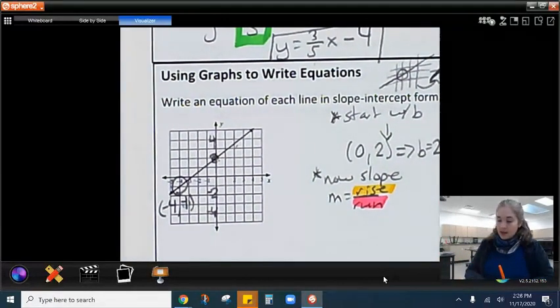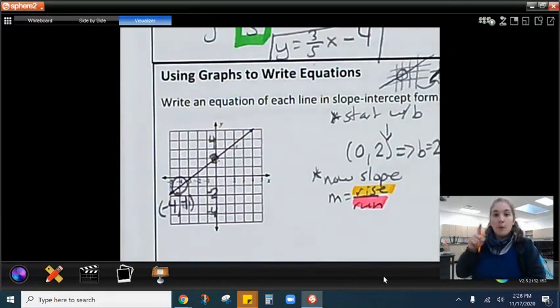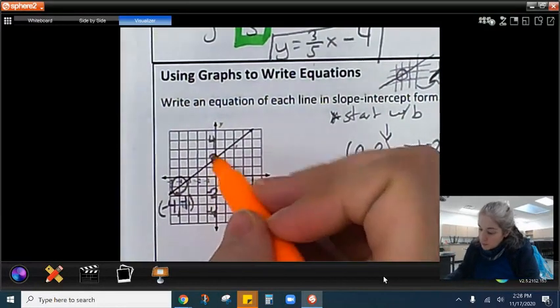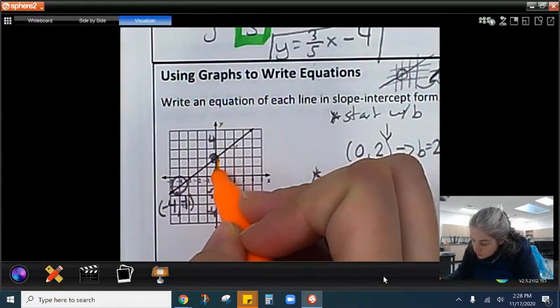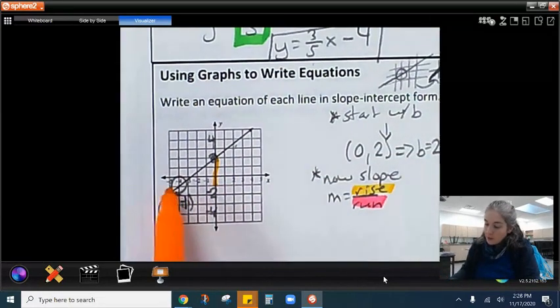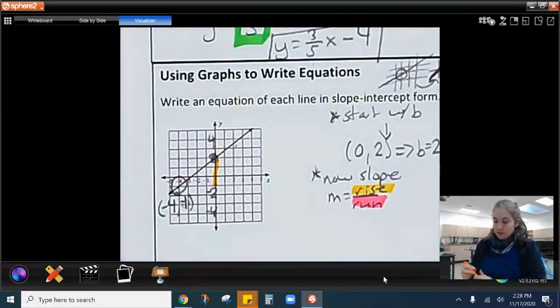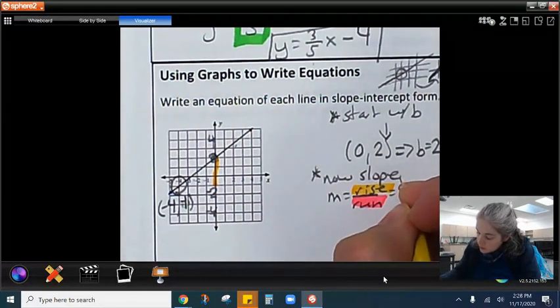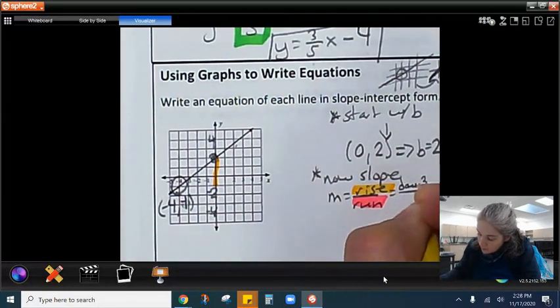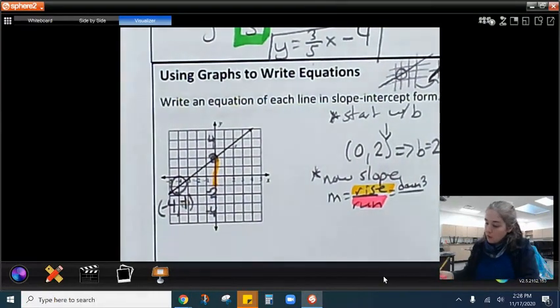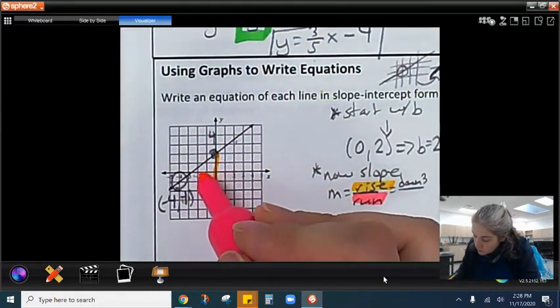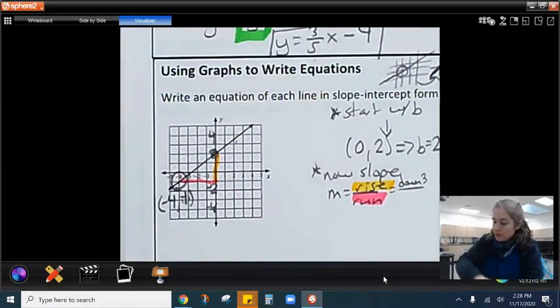So now that I have my star points, I am going to rise and then I am going to run. So I'm going to start at my intercept. Remember, we go up and down first. So I end up going down 1, 2, 3, and now I'm on the same level. So this is a down 3. And then I have to go left 1, 2, 3, 4.